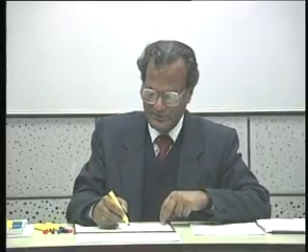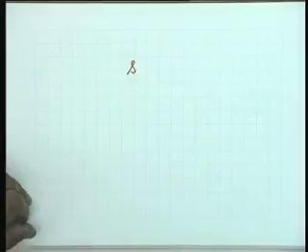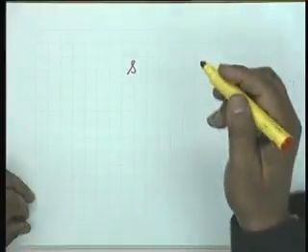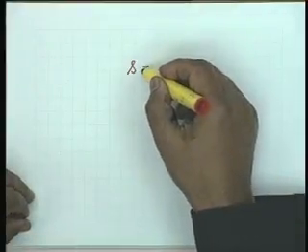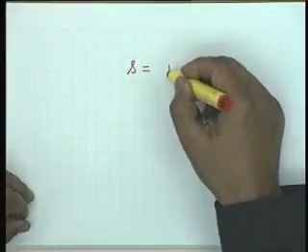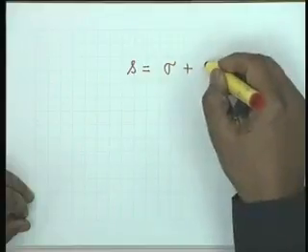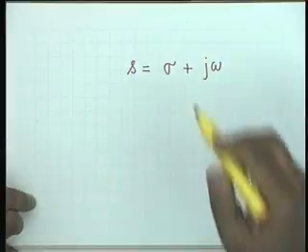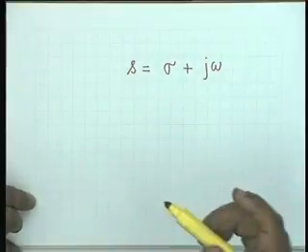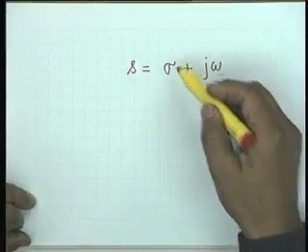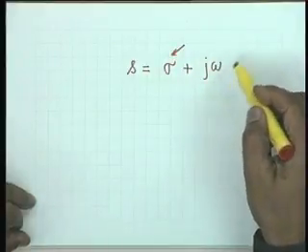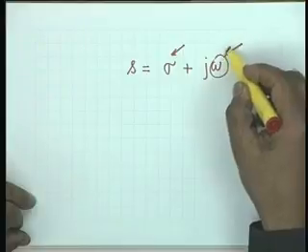Then we talk about the Laplace variable s. It will play a great role in circuit theory, and as you know, s is a complex quantity. It consists of a real part sigma and an imaginary part j omega. As a matter of definition, the real part is sigma, the imaginary part of s is not j omega, it is simply omega.